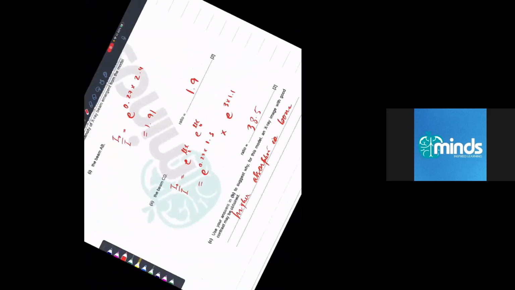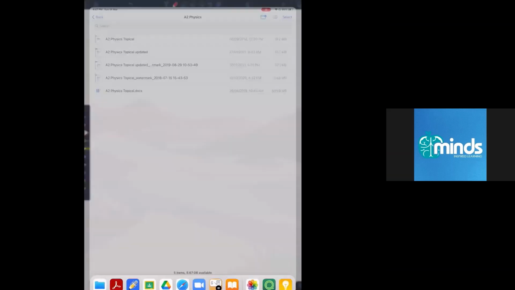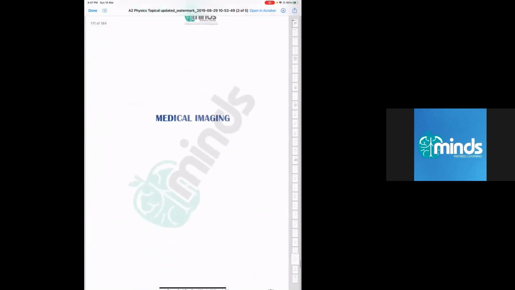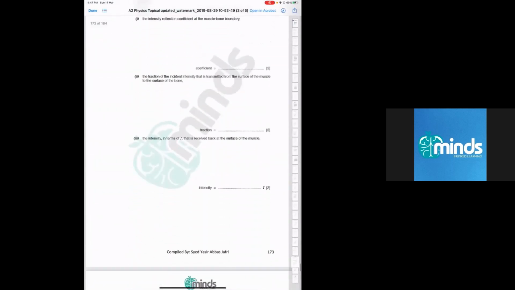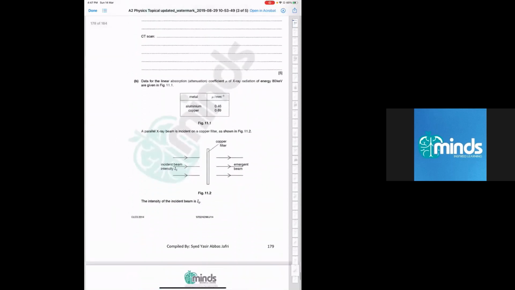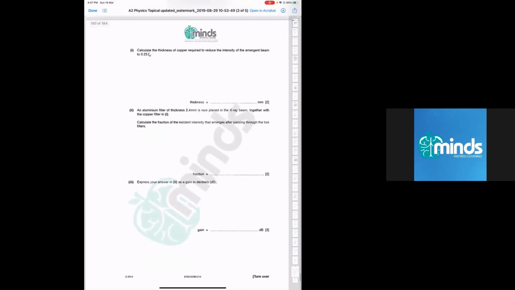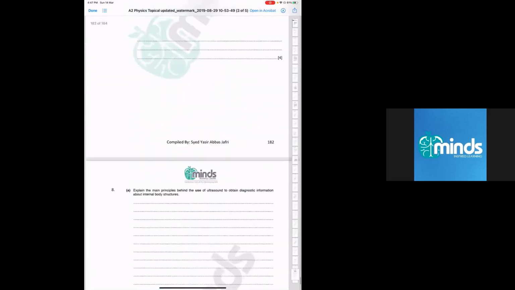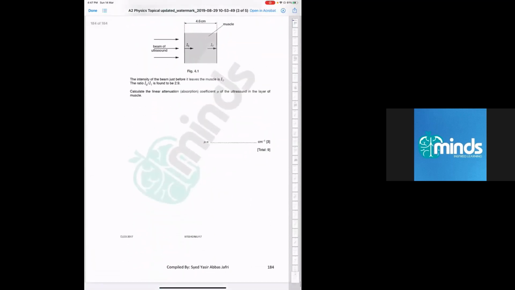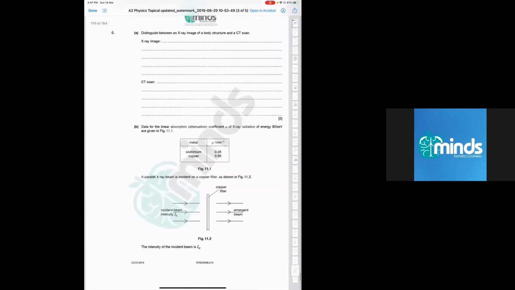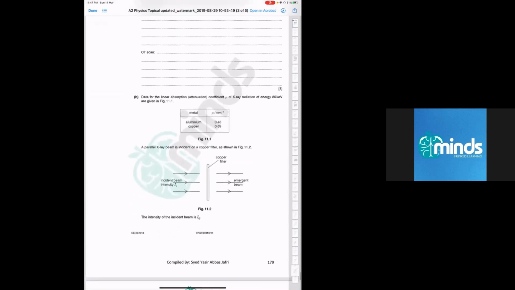Now, if we were able to solve this question, question number 4 we actually solved in the previous class. Okay, this is question number 6, page 179.